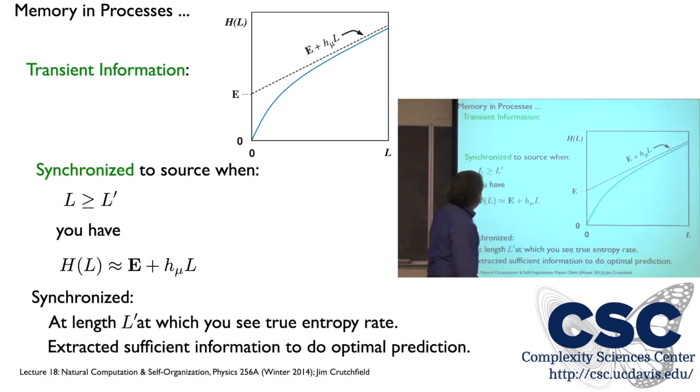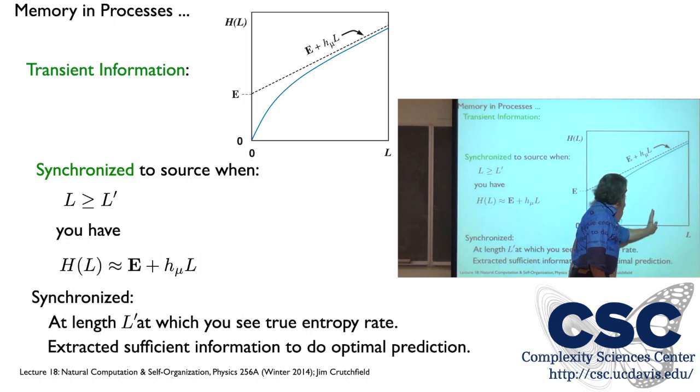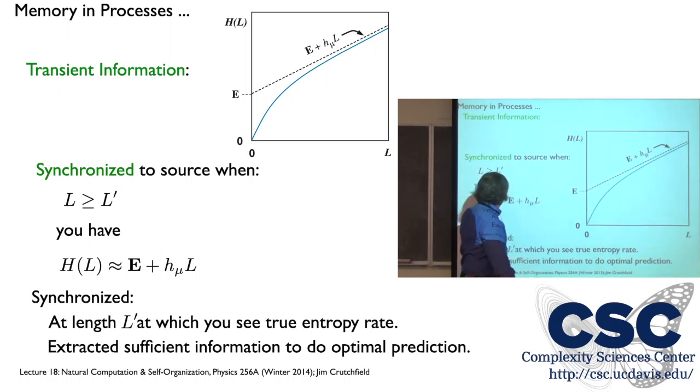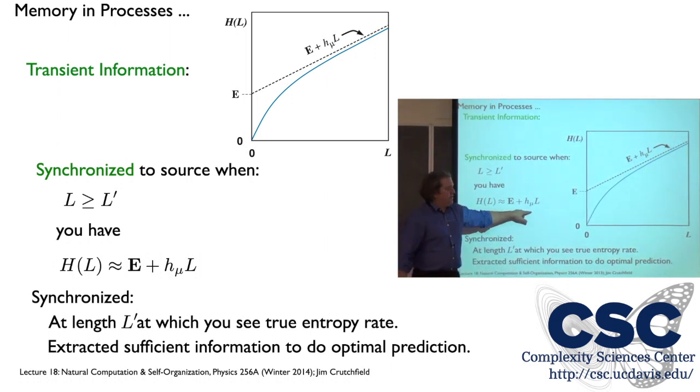So we're synchronized when, beyond some word length L prime, the block entropy scales with that linear asymptote, E plus H mu L. L prime is the length at which you get a good approximation, like in the case of the golden mean, where you can actually estimate H mu. Or that's the length at which you can do optimal prediction.